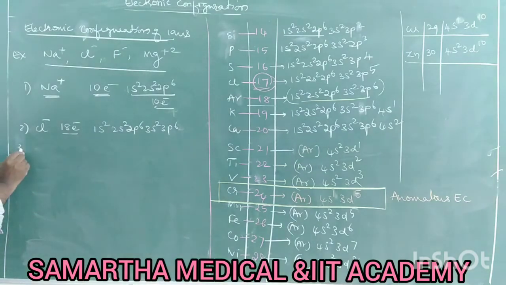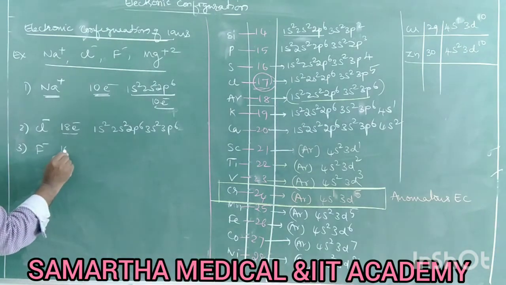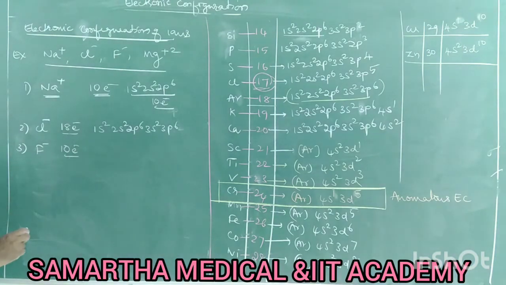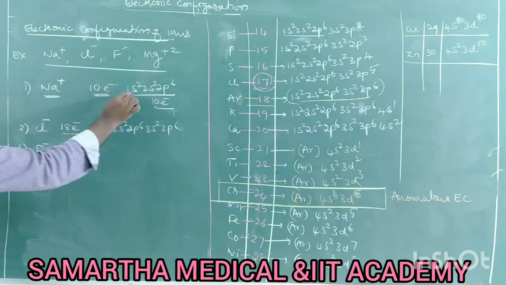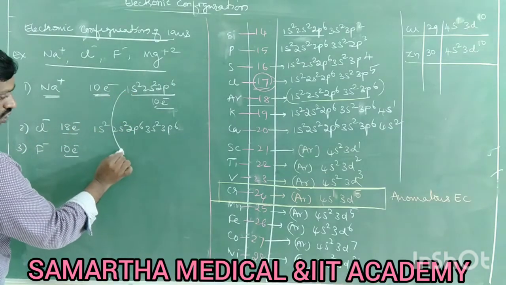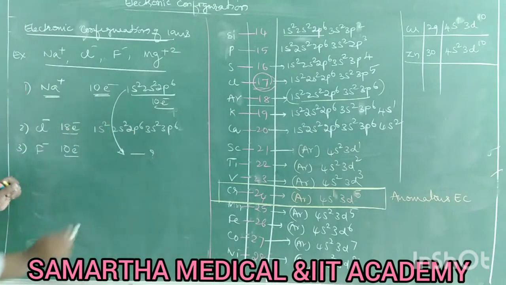Next, the third one is F minus, fluorine minus. You know that fluorine has atomic number 9, so 9 electrons, but there is a negative charge, indicating the addition of 1 electron. Therefore, 9 plus 1 is 10 electrons, and the electronic configuration is the same as above. Next, the fourth one is Mg plus 2.